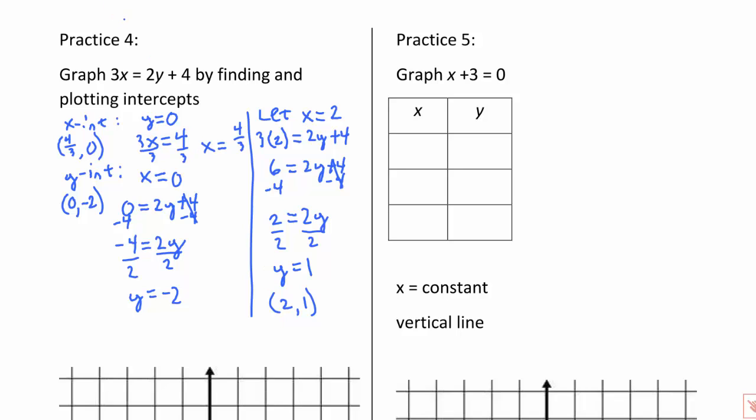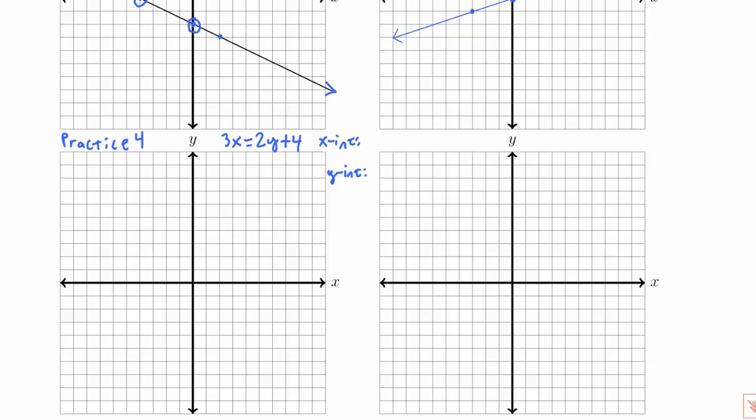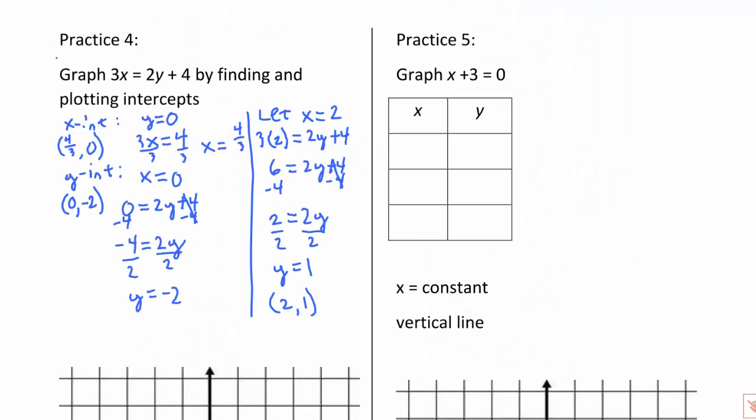Now again, I'm going to go to a different page to graph because I can't graph on the coordinate plane that's provided here. I've already kind of started this. We have practice 4. We have 3x equals 2y plus 4. This is the equation that we're graphing. I haven't filled in the x or y intercepts yet. The x-intercept, if we look back here, was (4/3, 0).